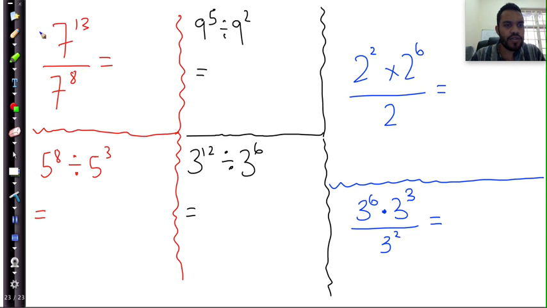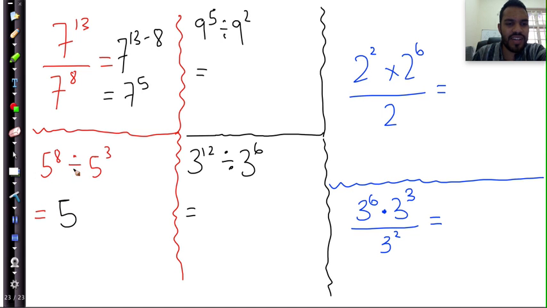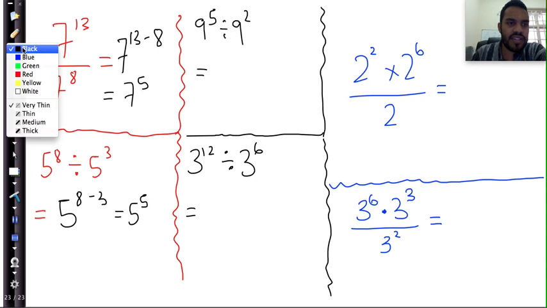Okay, so let's look at the solutions of each of these individually. Now I'm going to start with the top one over here. 7 to the power of 13 minus 8. Well, 13 minus 8 is just going to be 5, so that solution there is 7 to the power of 5. This one over here is 5 to the power of 8 divided by 5 to the power of 3. Same bases again, so I can just subtract. It's going to be 8 minus 3, which is 5 to the power of 5, which is just 5 times 5 times 5, and so forth.